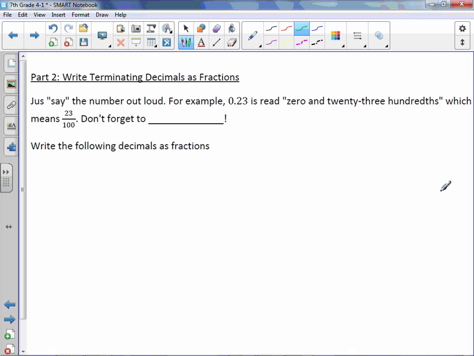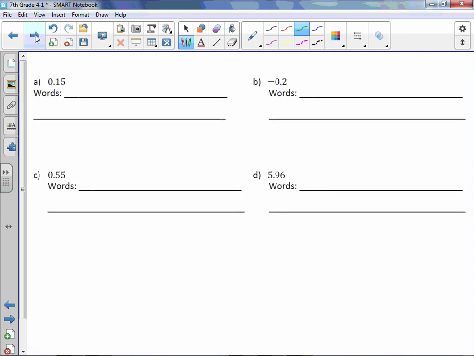Write terminating decimals as fractions. Just say the number out loud. For example, 0.23 is read 0 and 23 hundredths, which means 23 hundredths. Don't forget, of course, to reduce. Write the following decimals as fractions.